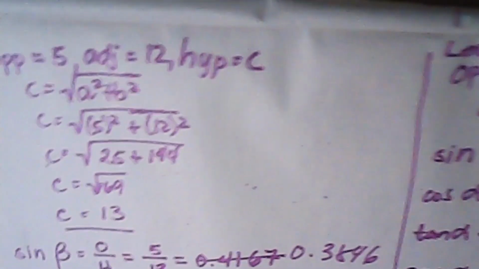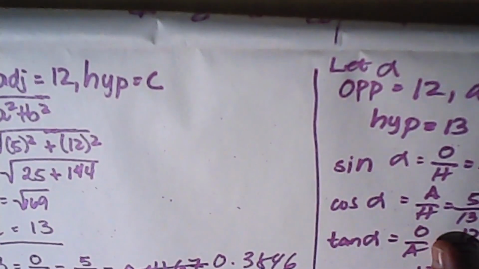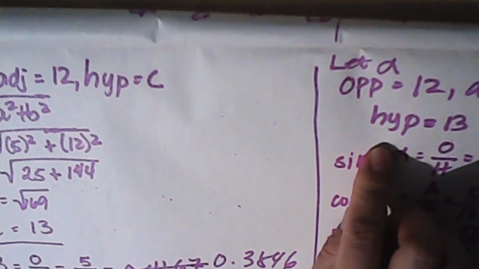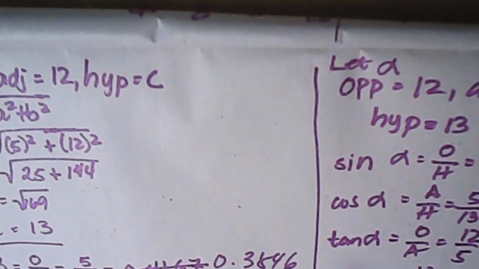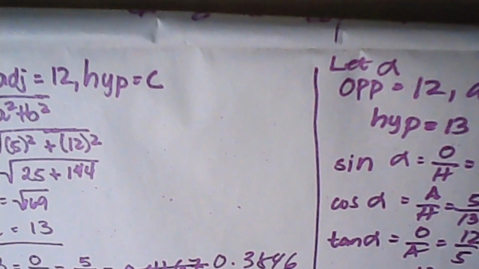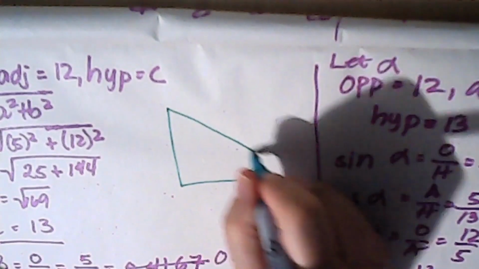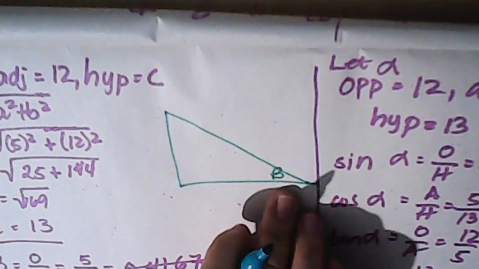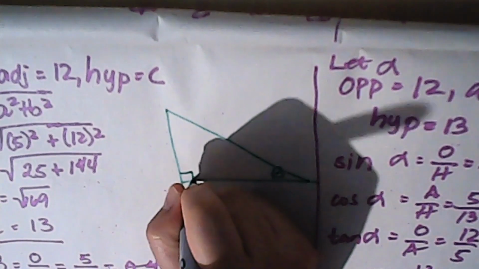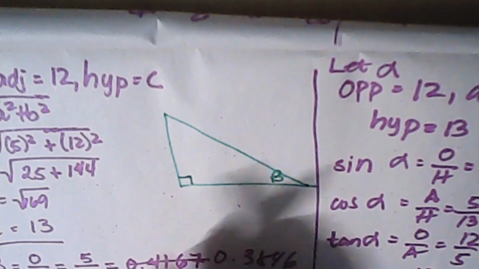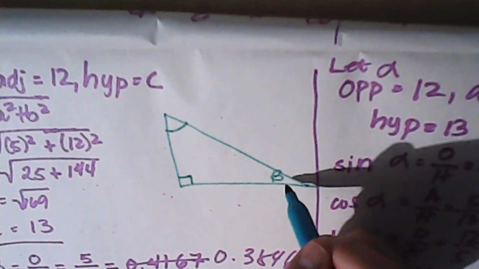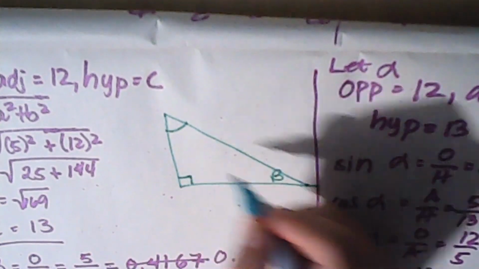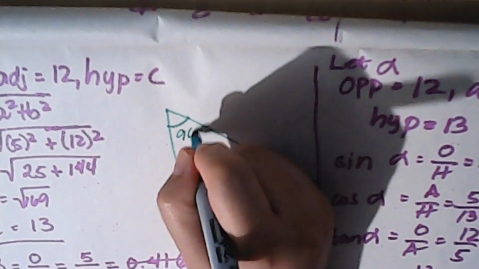Then, for example number 2, letter B, we get the trigonometric ratios of the angle opposite beta, which we named as alpha. Now, when we look closely at our right triangle, here, this is beta and this is 90 degrees. If we get the measure of this angle, it is the difference between 90 and beta.